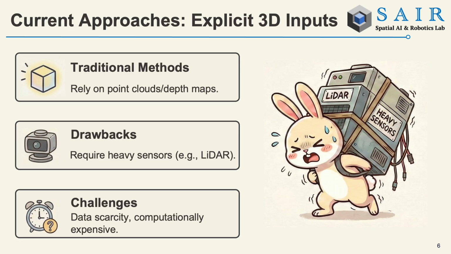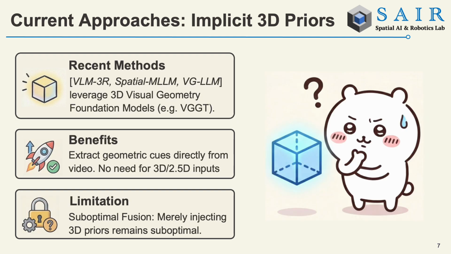Traditional systems use point clouds or depth maps, which provide strong geometry, but they depend on additional sensors, such as LiDAR, and 3D data remains scarce and computationally expensive. Recent methods extract geometric cues from ordinary video using 3D foundation models. This removes the need for real point clouds, but simply combining 2D semantics with 3D features still creates misalignment.